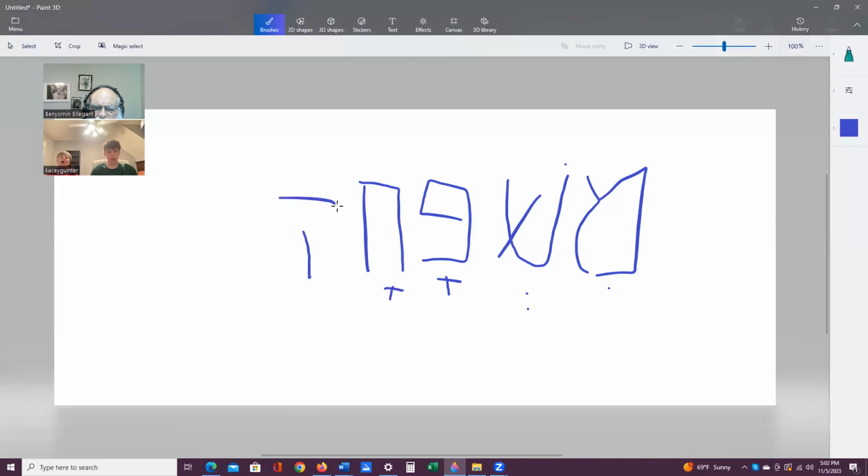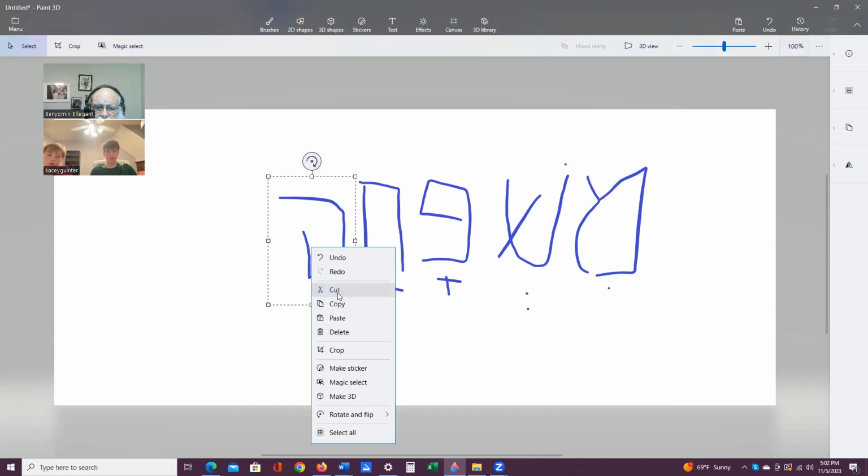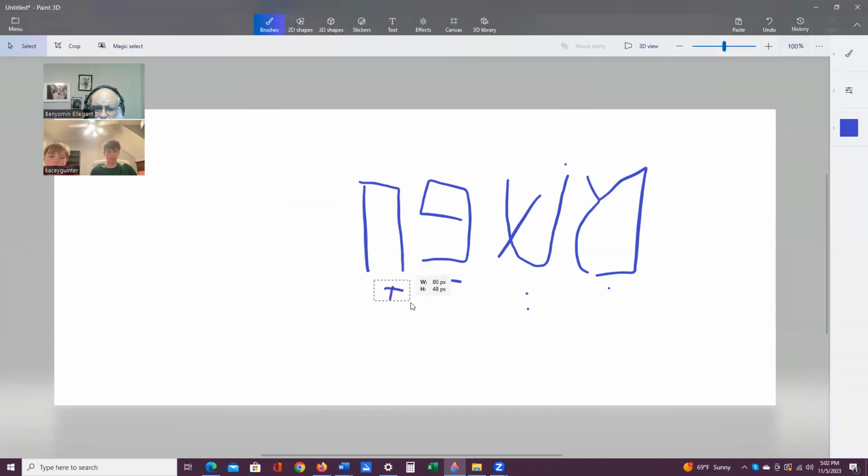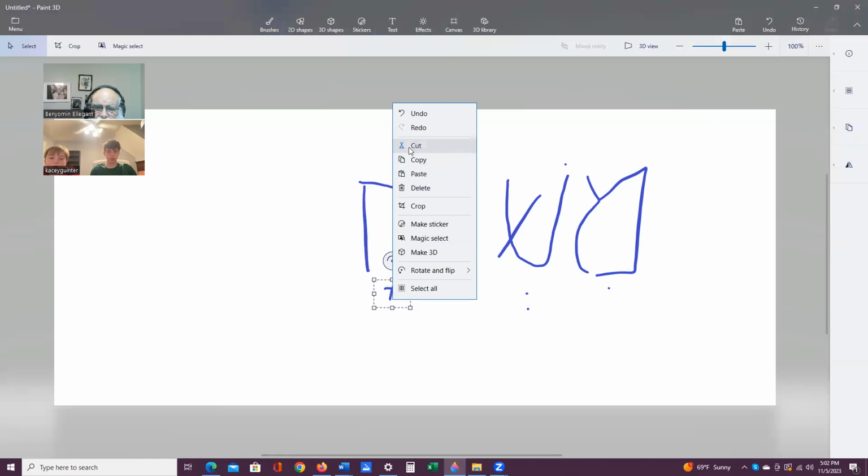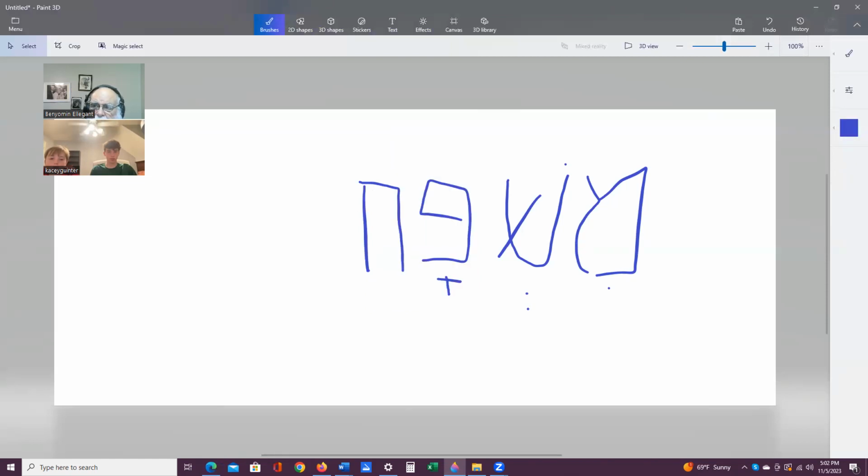As you can see, the final hey is silent. Mishpacha. Okay, so what do I do? I get rid of the hey. I get rid of this one. And I replace it with a different vowel, which is your o, and then your tav ending.